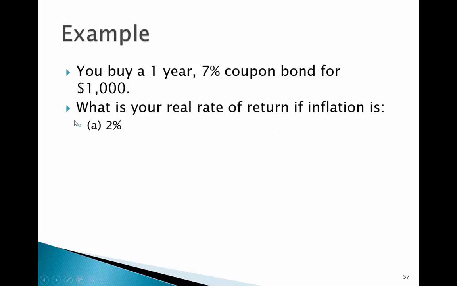So if inflation is 2%, I buy a 1-year 7% coupon bond for $1,000. Well, now notice, since I paid the $1,000 for this, that means the yield to maturity must be 7%. And since it's a 1-year bond, it's going to mature in 1 year, so that means I'm going to make 7% on this bond. And actually, that is pretty much guaranteed because it's a 1-year bond.